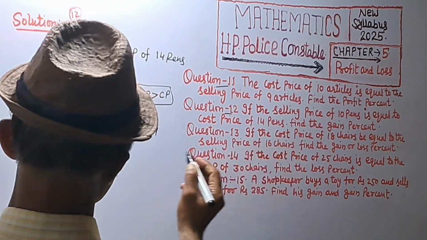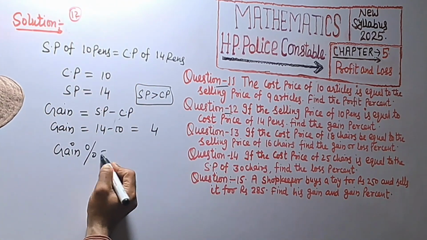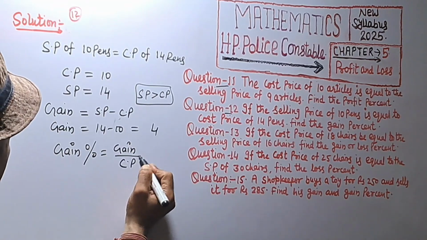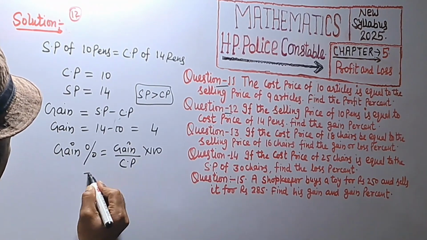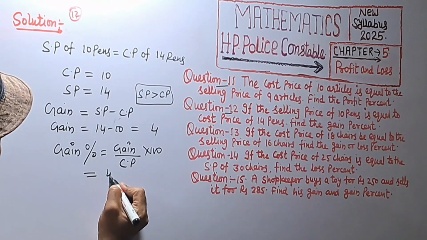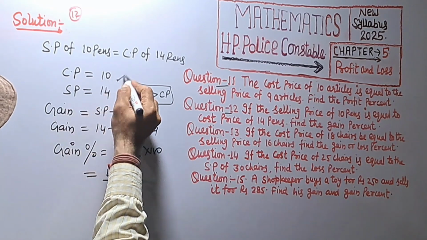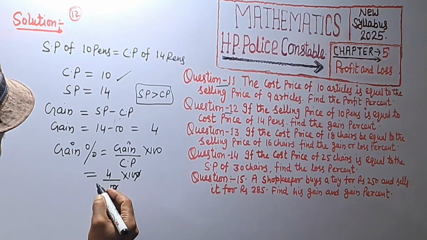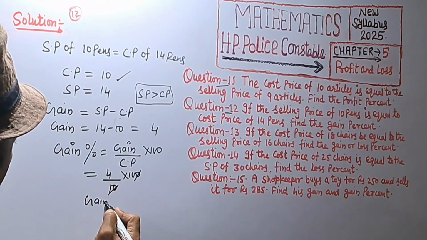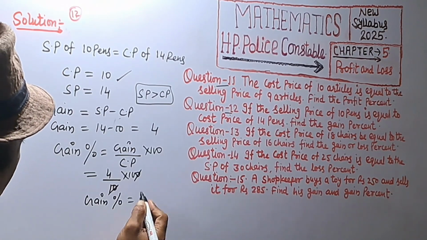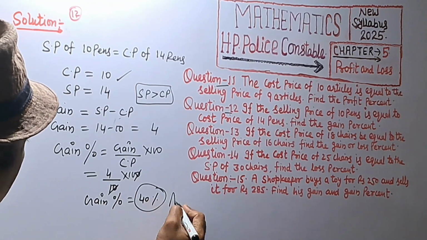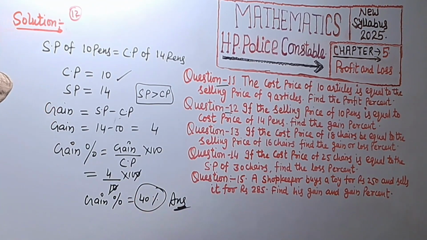And gain percent equal to gain upon CP into 100, that is gain is 4, cost price is 10 into 100. Gain percent equal to 10 multiplied by 4, that is 40%. Answer.